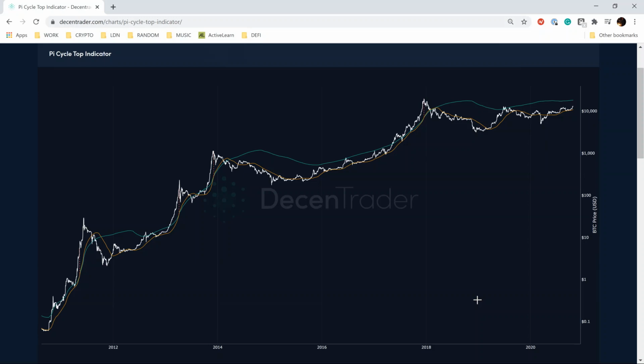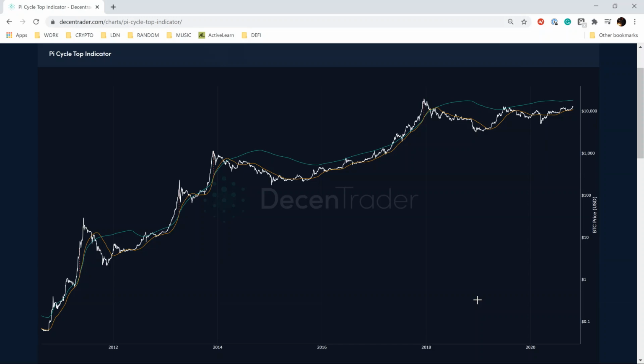Okay, so this week we're going to be looking at the Pi Cycle Top indicator, which is an indicator I built about a year and a half ago, I think around the same time as the golden ratio multiplier. They're quite similar in a way, and I'll show you why in a moment.